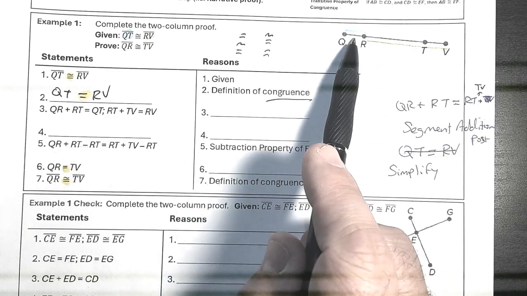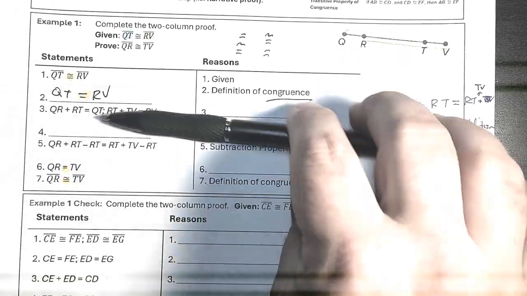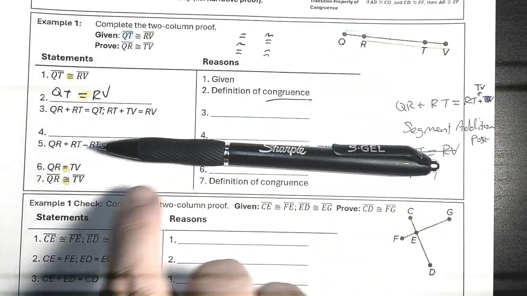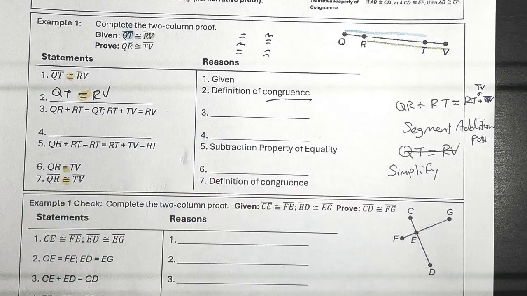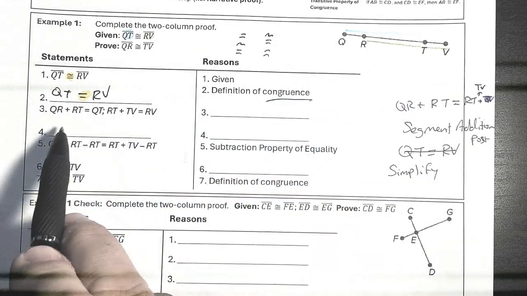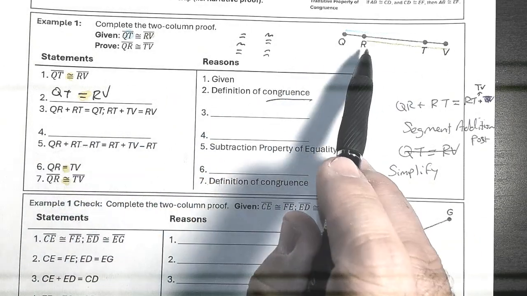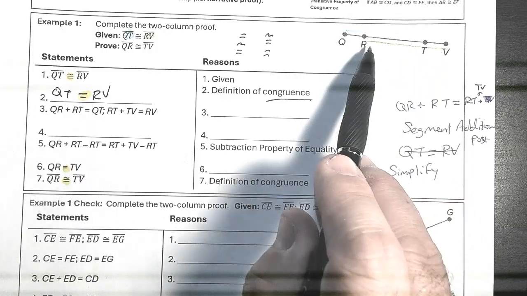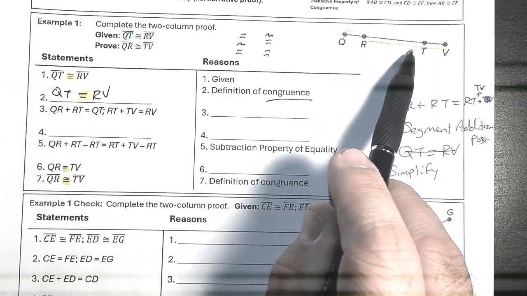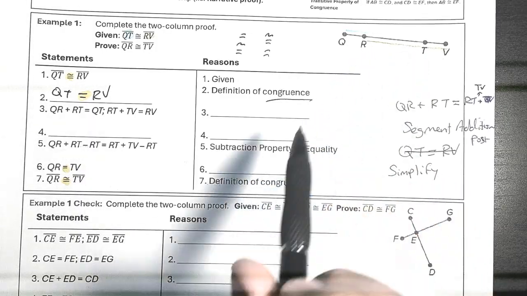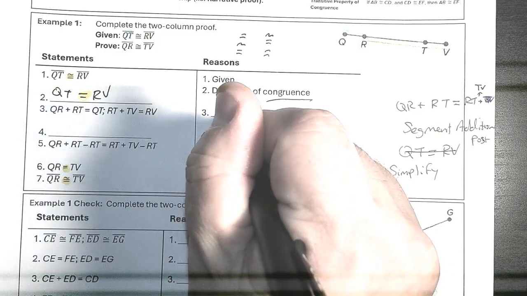So we're adding this piece plus this piece. Say I broke this pen, I would have to add the 2 sides of the pen to get the whole pen. So that is that, and then the other side, RT plus TV equals RV. So this piece plus this piece equals the whole green. So this is segment addition.